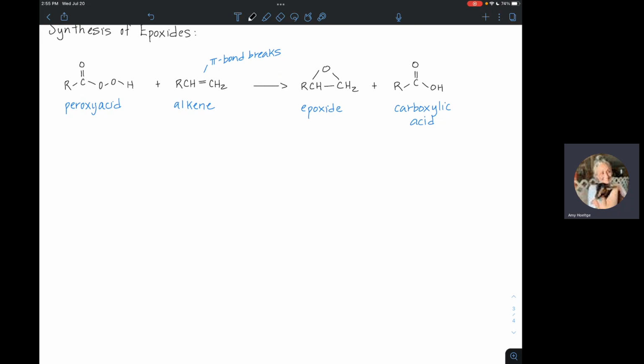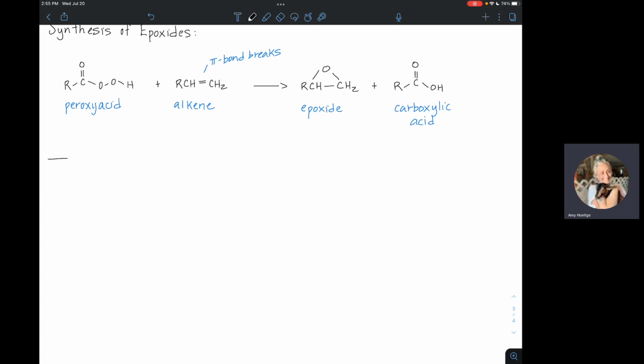The mechanism of the reaction kind of depends on whether or not it's carried out in acidic or basic conditions, or I should say acidic or neutral or basic conditions. So neutral and basic conditions are one category, acidic conditions are another category. So under acidic conditions, you're going to protonate the oxygen of the epoxide.